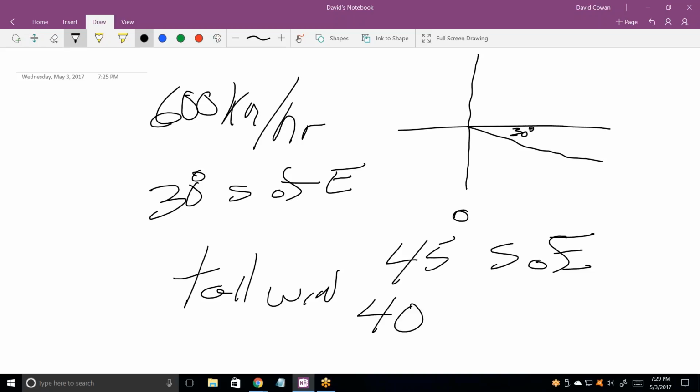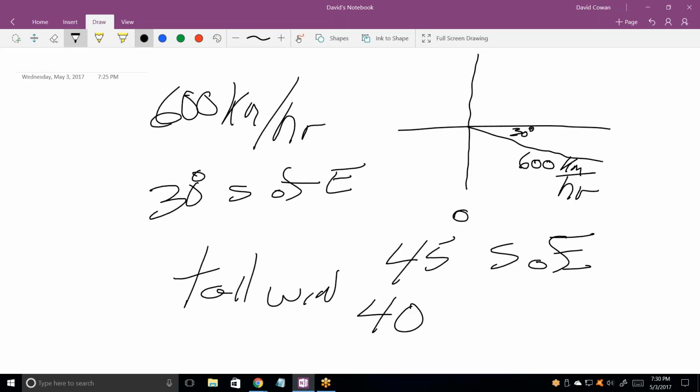And it's a vector, so it's got magnitude of 600 km per hour in that direction. They want the vector equation. They want you to break it up into its components, is what I'm guessing.